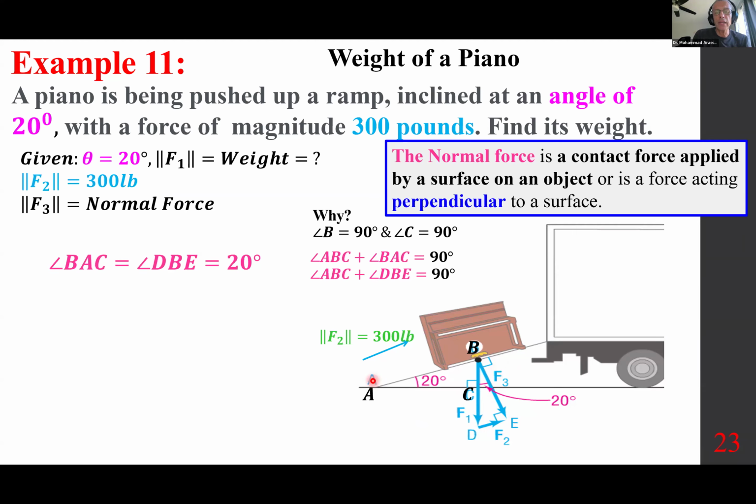So angle ABC, angle BAC, they must add up to 90 degrees. So angle ABC and DBE, because these two angles, let's just do it this way. This one, this angle, and this one must be 90 degrees, because look, this is 90 degrees. These two must add up to 90 degrees.